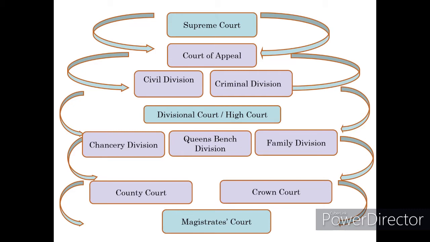And within the High Court or Divisional Court, you have three divisions. The Chancery Division, that looks at money matters and deals with bankruptcy and that sort of thing. The Queen's Bench Division and the Family Division. Above the Divisional Court, you have the Court of Appeal, which is divided into a civil division and a criminal division. And then above the Court of Appeal, of course, you have the Supreme Court.